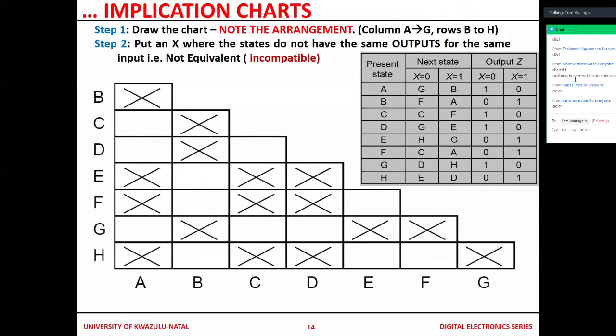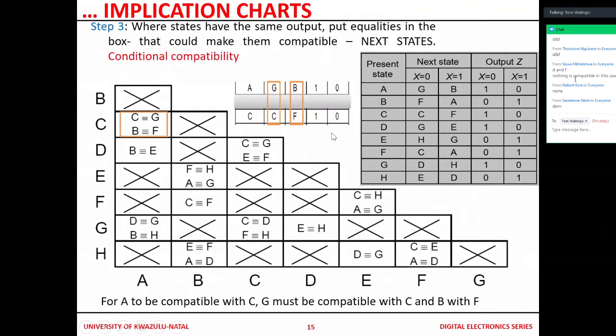Now, we leave the X's. We come to A and C. For A, remember this is A. It's got GB10A, GB10C, CF10, CF10. The outputs are okay. This is what you call conditional compatibility.